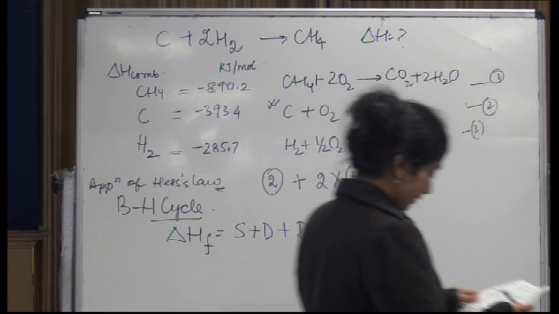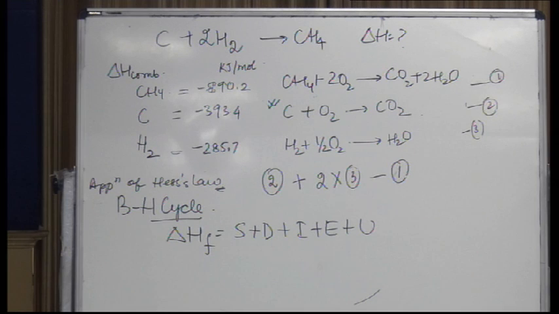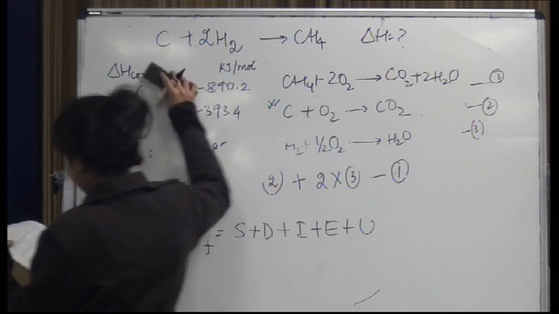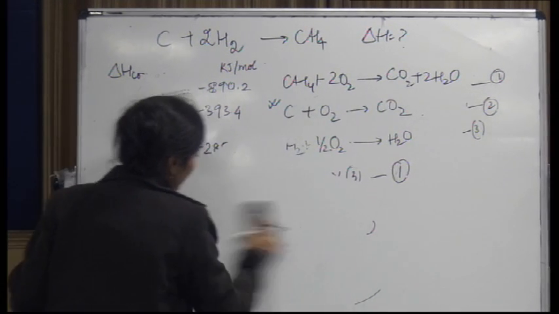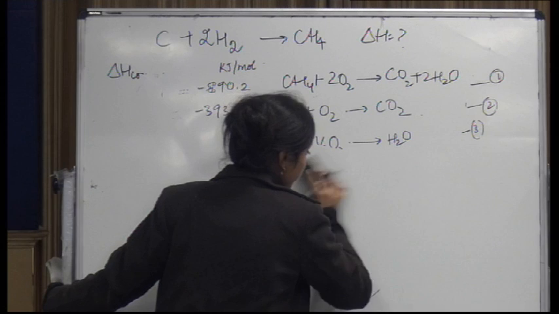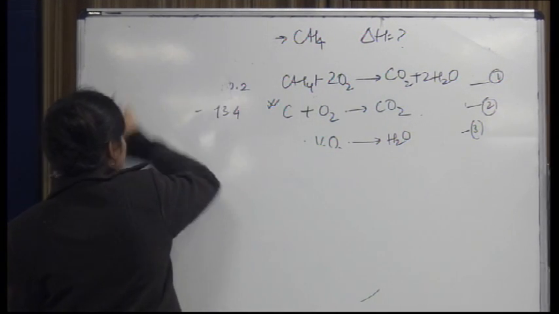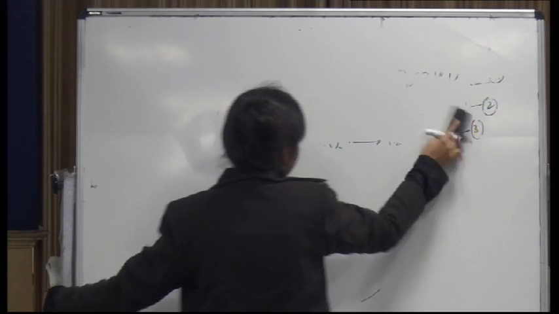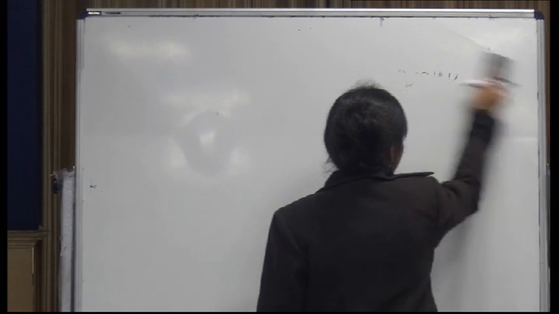Okay, we don't have so much time for the questions, but some important relationships that you can jot down. You know that delta U is equal to Q at constant V. Your internal energy change is equal to the heat change at constant volume.